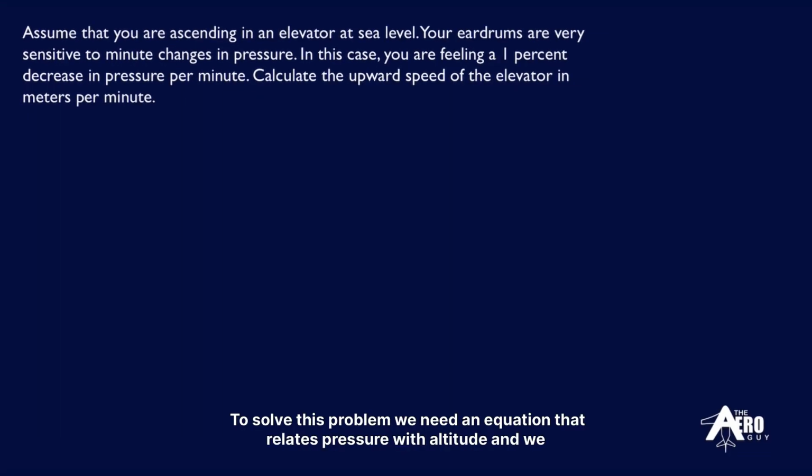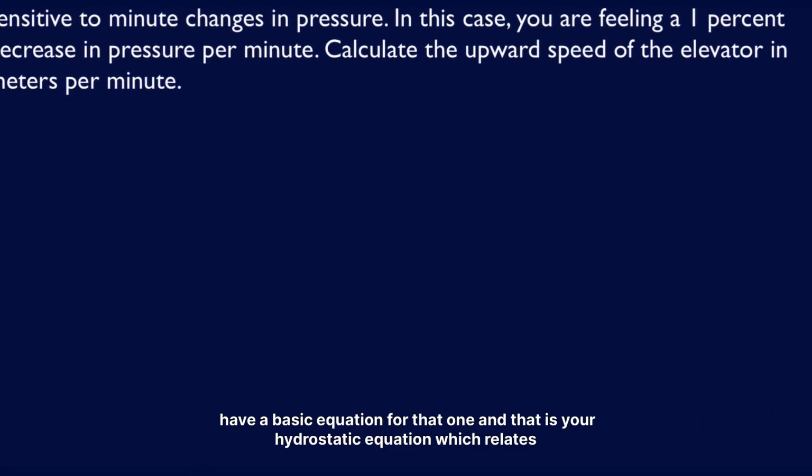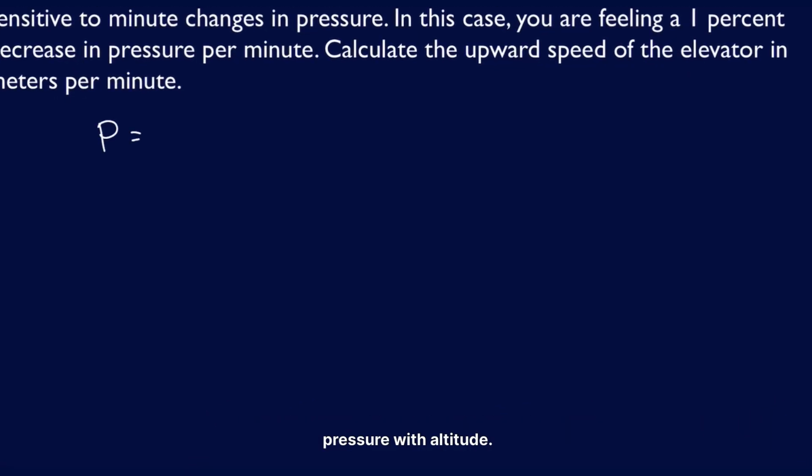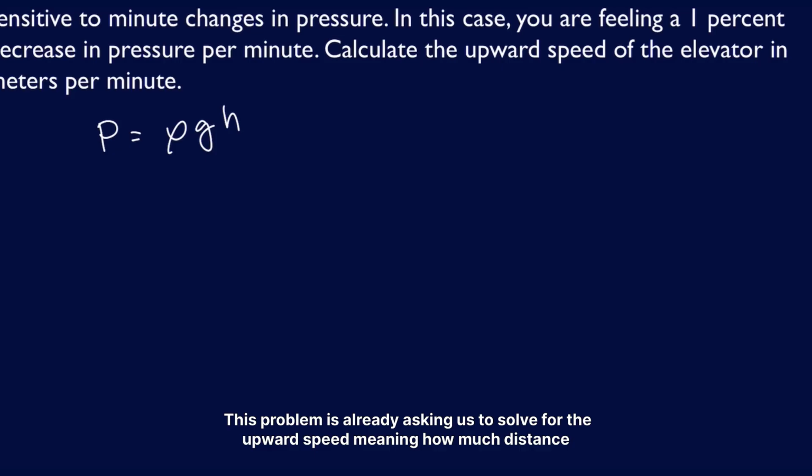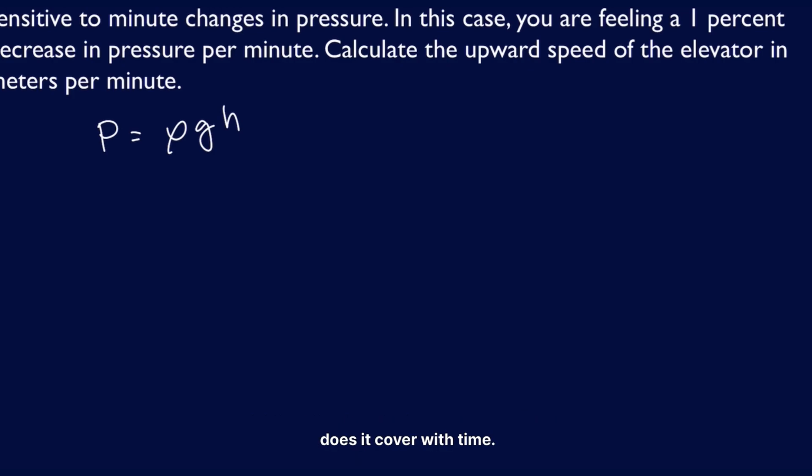To solve this problem, we need an equation that relates pressure with altitude, and we have a basic equation for that one, and that is your hydrostatic equation, which relates pressure with altitude. And this problem is already asking us to solve for the upward speed, meaning how much distance the elevator covers with time.